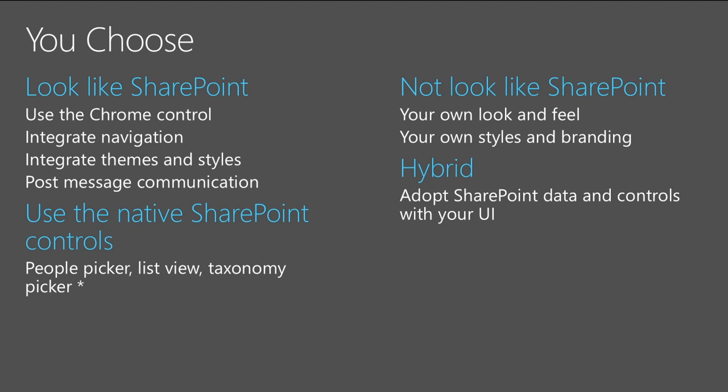Some of the other things is we've done a lot of work to try to provide very native-looking controls. So if you want to build different forms and different elements within your HTML, you can leverage a number of our controls. So we have things like people pickers, list views. We have a taxonomy picker that's out in the patterns and practices group that you can go and pull down and leverage within your site.